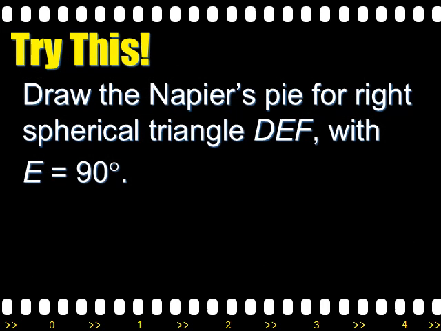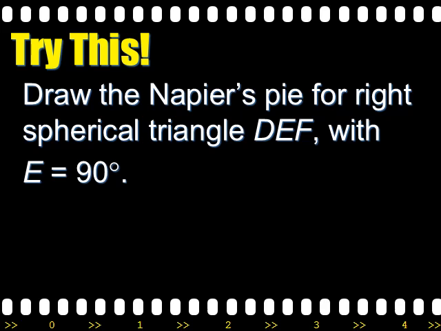Okay. So, para mas masaya, I want you to try this. Draw the Napier spy for right spherical triangle DEF with angle E as the 90-degree angle. Subukan nyo itong gawin on paper para ma-practice nyo. Again, first step, kailangan nyo munang gumawa ng circle and hatiin nyo siya sa 5 parts. Next step, ipaplat nyo ang hypotenuse.